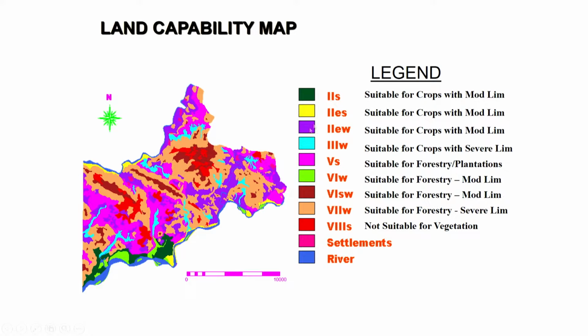The capability class in yellow shows that it is suitable for agriculture, and here is capability class 6. So you get different capability classes from your soil map, and from that we can suggest what kind of land use one should practice here for sustainable development of the area.